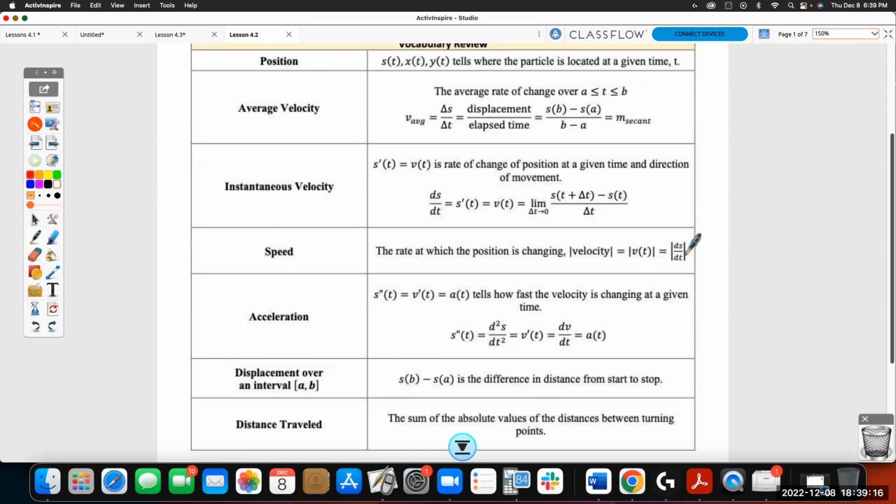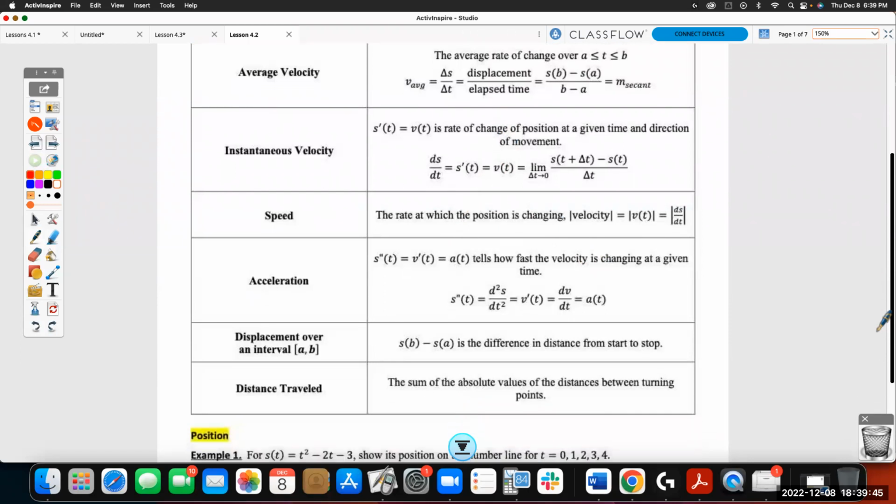Now acceleration is the second derivative of the position function, or the first derivative of the velocity. It tells us how fast the velocity is changing at a given time. So velocity is how fast the position is changing. Acceleration is how fast the velocity is changing.